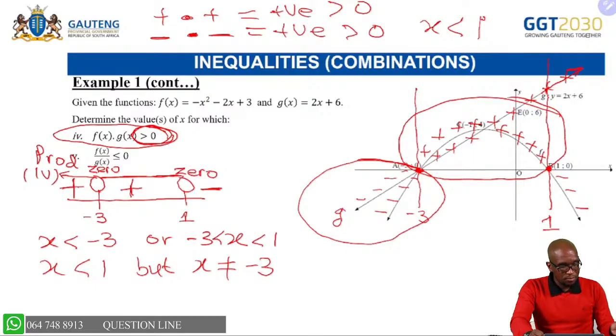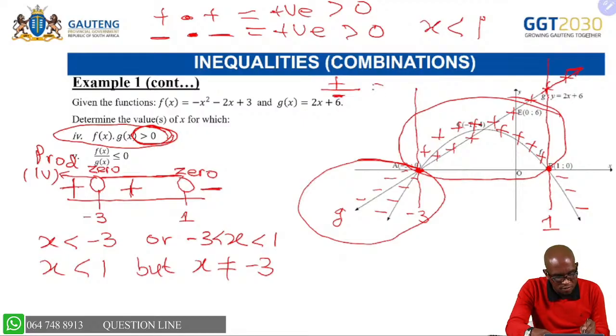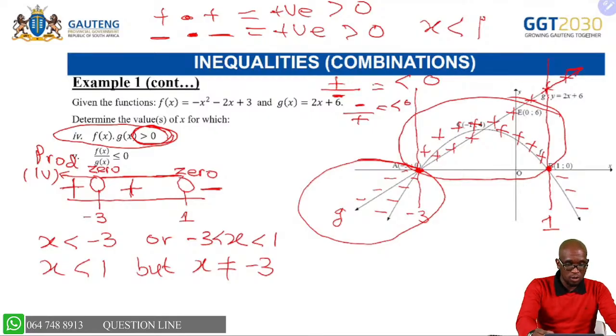Right. Moving on, grade 12, we are now looking at f of x divided by g of x is less than or equal to 0. So we want the combined effect of the graphs to be either positive divided by negative or negative divided by positive, because in both cases we get less than 0.